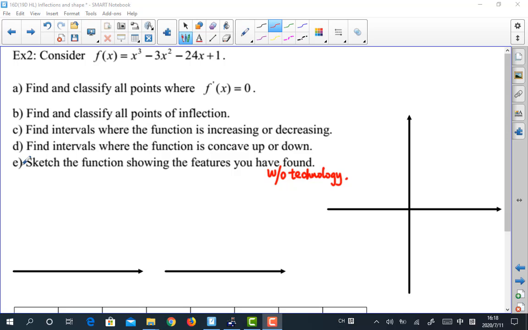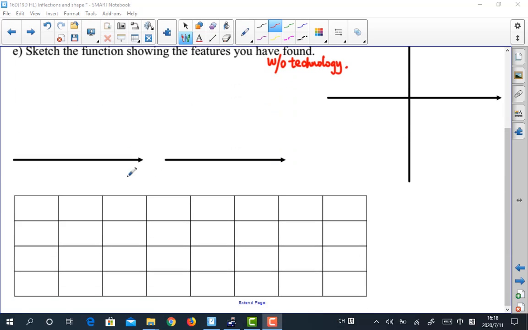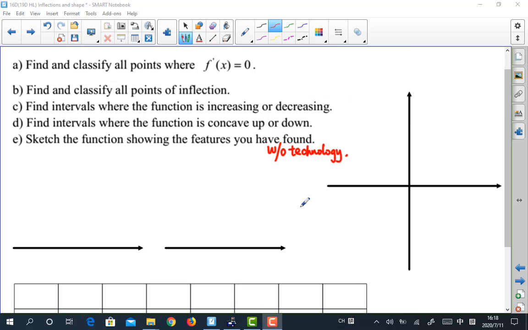I also encourage you to use the thinking organizer to help you collect all the information regarding the roots of the first derivative equals 0 and the roots of the second derivative equals 0, and thereby determine the feature of each point. Is this point a local maximum or local minimum point? Is it a stationary inflection, or a non-stationary inflection?